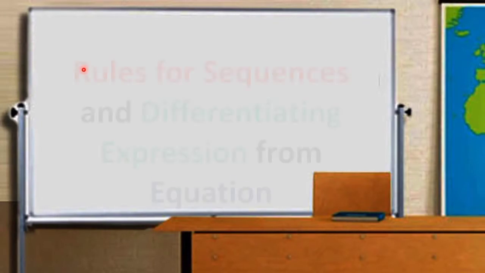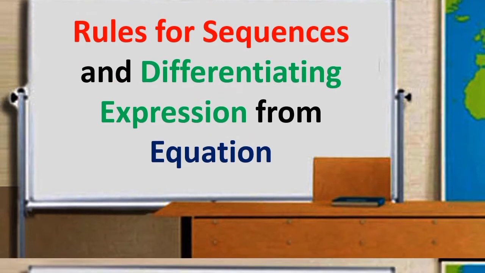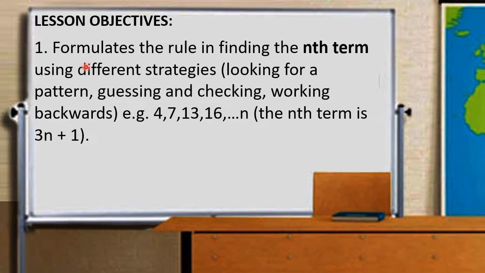For today, I'll be discussing rules for sequences and differentiating expression from equation. Our lesson objectives are: first, formulate the rule in finding the nth term using different strategies such as looking for a pattern, guessing and checking, and working backwards.